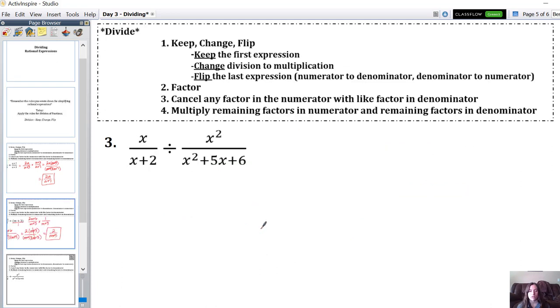Here we have x over x plus 2 divided by x squared over x squared plus 5x plus 6. Just like normal, I'm going to keep the first fraction, switch the sign to multiplication, and flip the second fraction.